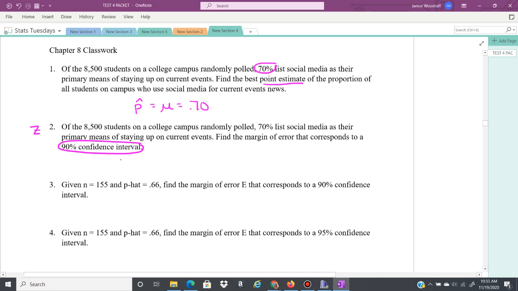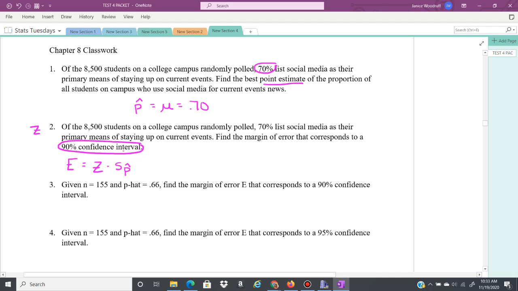Okay, the margin of error is given by, in a proportion problem, z times the standard deviation of p hat. So first let's find the z of the 90% confidence interval.